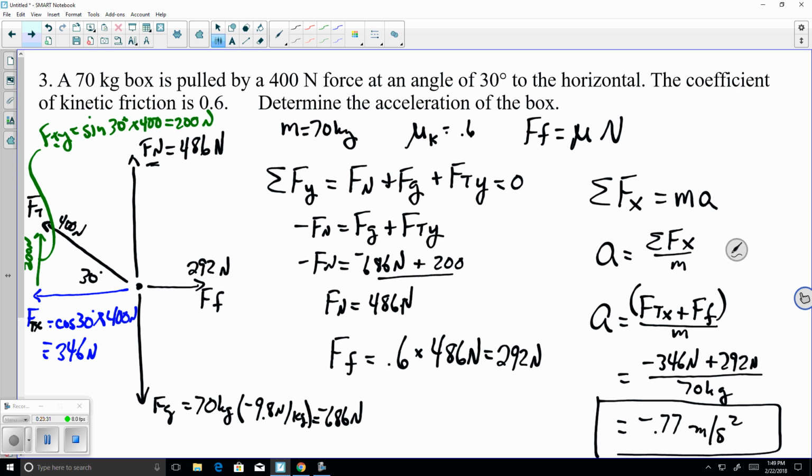So I had to figure out what the normal force was. So that's what the first process was, to solve for the normal force. Then I used that to find the friction force, and used the friction force to find the sum of forces, so I could plug that back into the acceleration formula, and it came up with negative 0.77 meters per second squared.